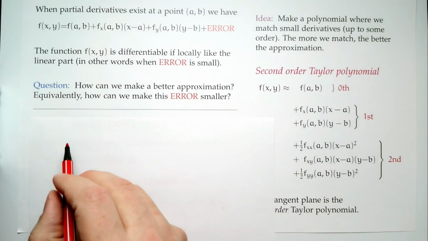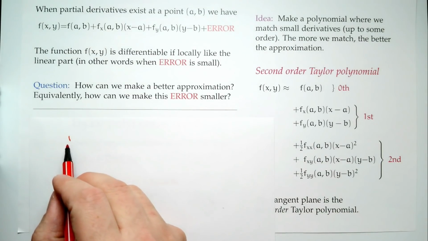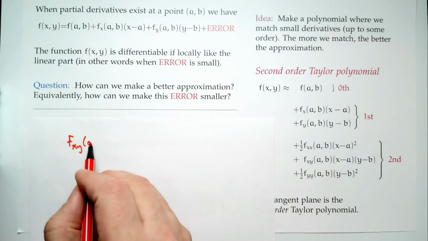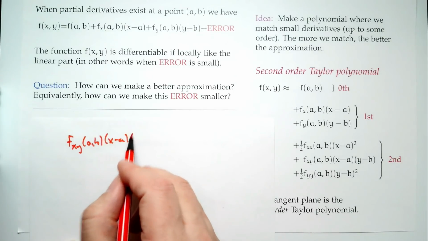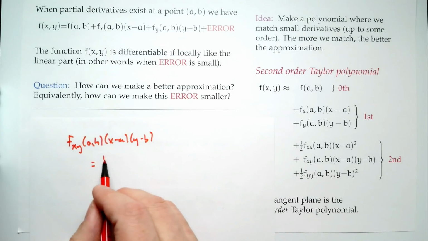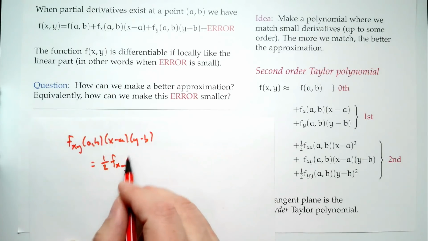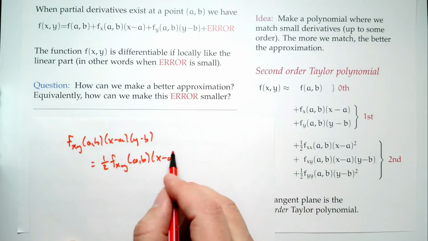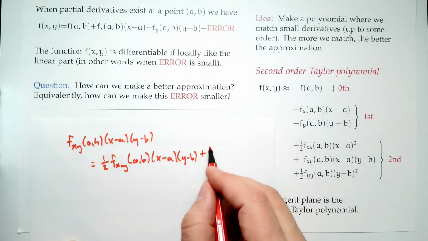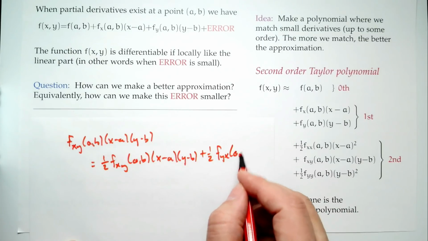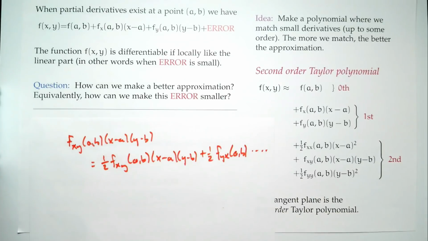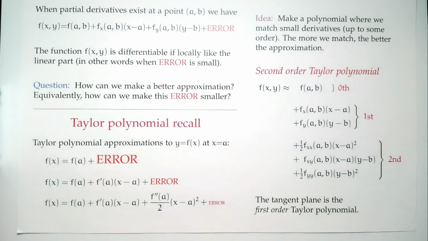So one way you can think of it is that this fxy at ab, x minus a, y minus b, could in some way be thought of as a half fxy at ab times x minus a, y minus b, plus 1/2 fyx at ab, and I ran out of space. But the point here is you could say it is kind of there, and we're going to come back to that in a second. Well, in a second, meaning in about 20 minutes from now. Okay, so let's do some examples.